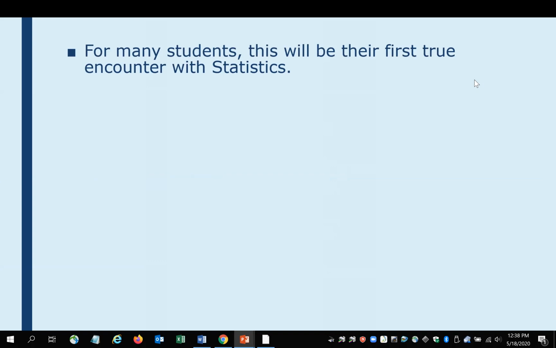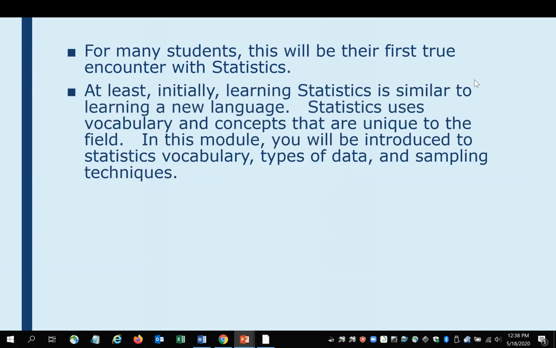So for most students, this is your first true encounter with statistics. And so I often tell students that learning statistics is very much like learning a new language. Statistics has its own unique vocabulary and concepts.